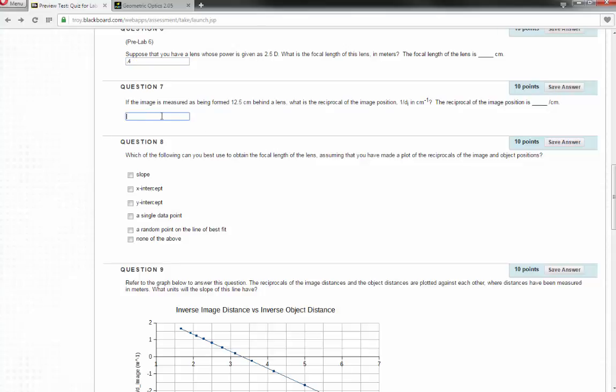The image is measured as being formed 12.5 centimeters behind a lens. What is the reciprocal of the image position, 1 over di, in inverse centimeters? Well, there are two parts to this. One is the magnitude, and the other is the direction. The direction is specified by a plus or a minus.